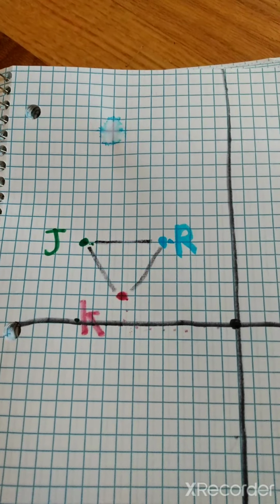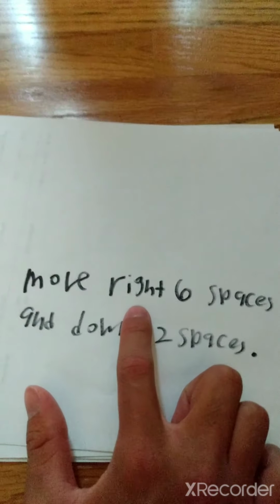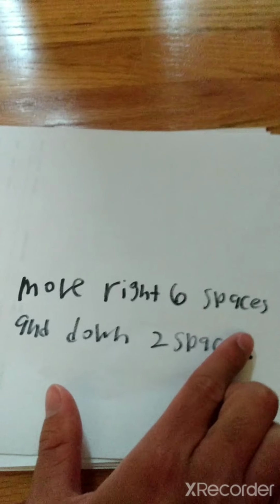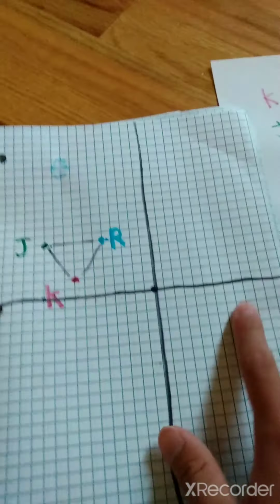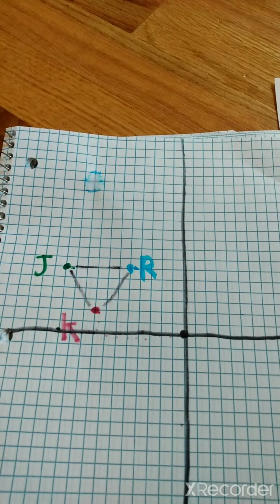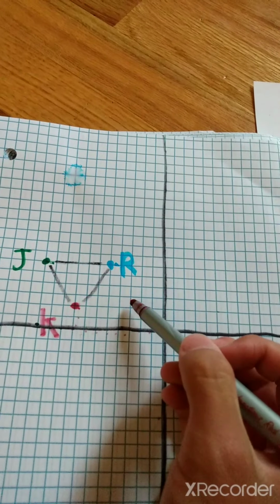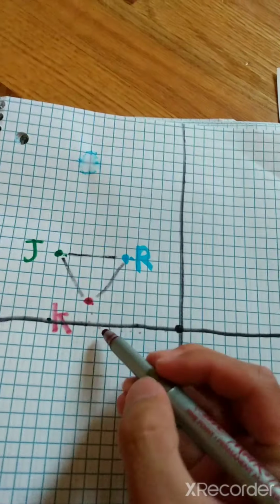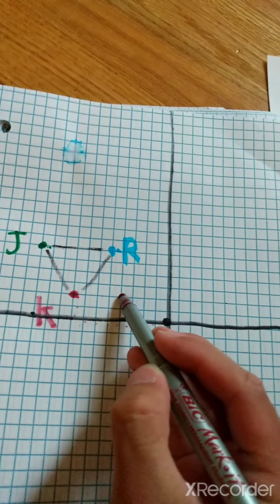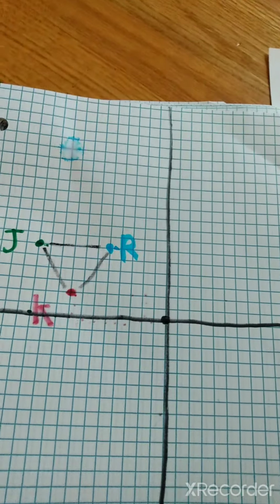The translation is that we must move the triangle right 6 spaces and down 2 spaces. So, for each point of every boy band member, everyone must move 6 spaces to the right and 2 spaces down. So, 1, 2, 3, 4, 5, 6, then 1, 2.